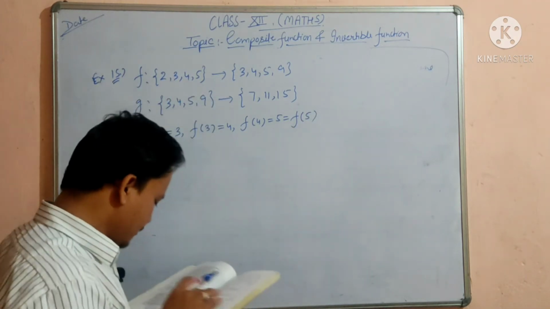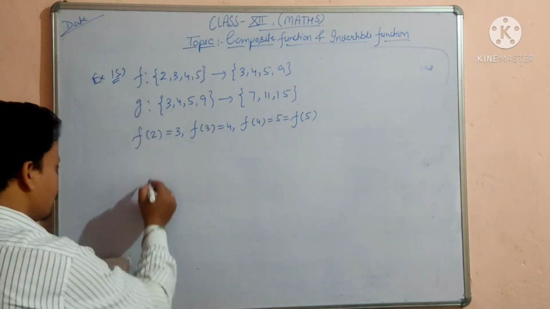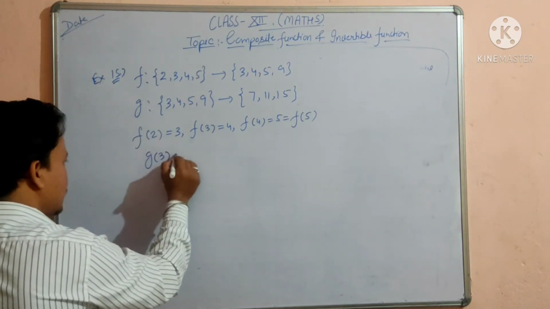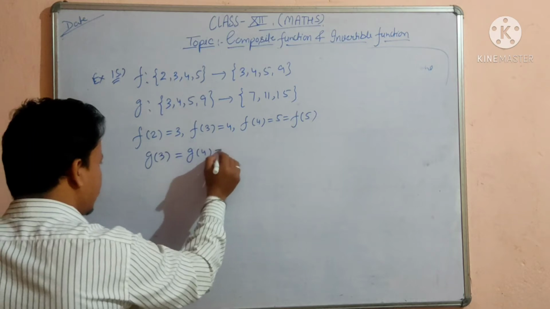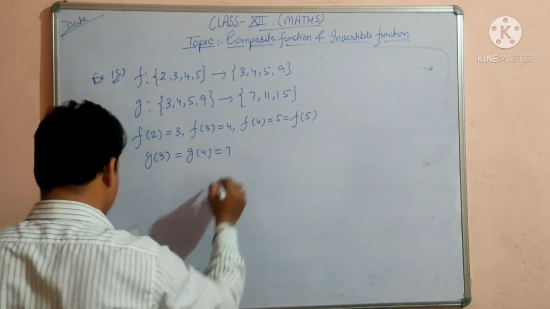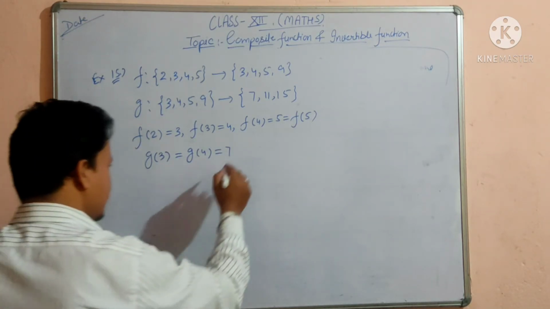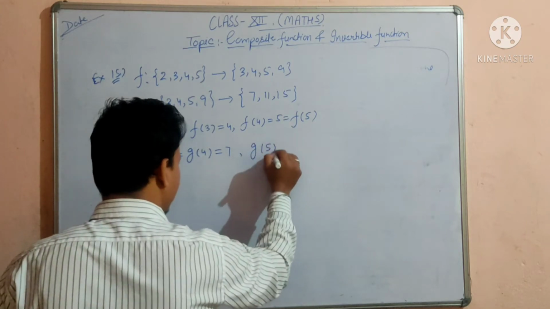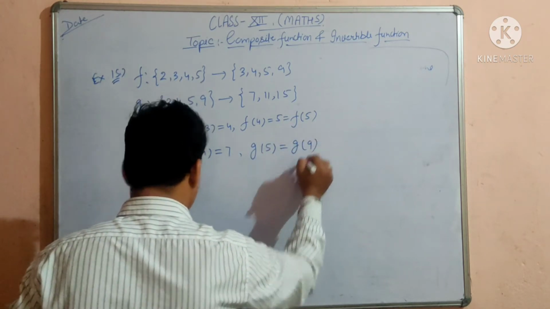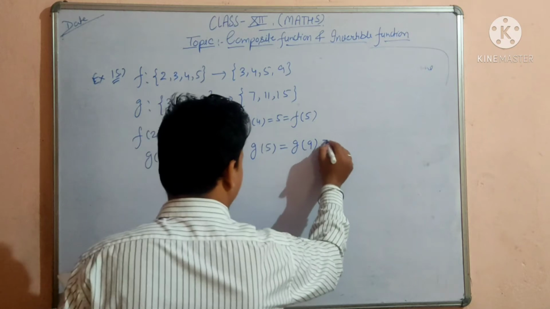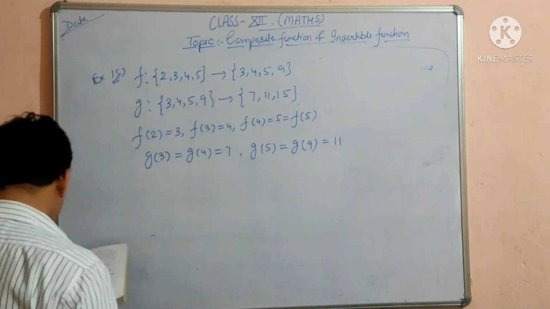And what else? g of 3 and g of 4 are equal, and the value is 7. And g of 5 and g of 9 are the same and are equal to 11. Now find GOF.